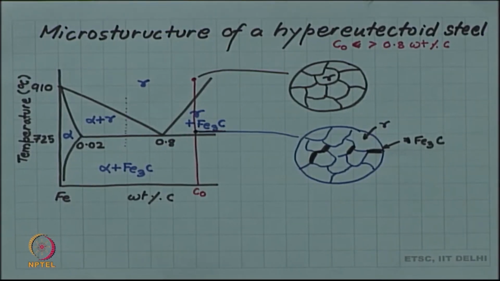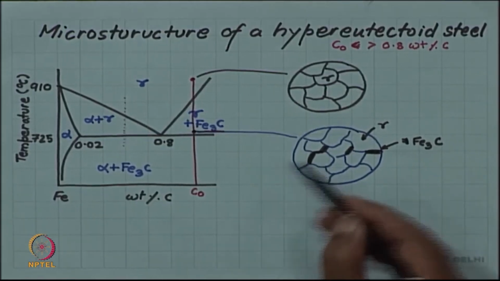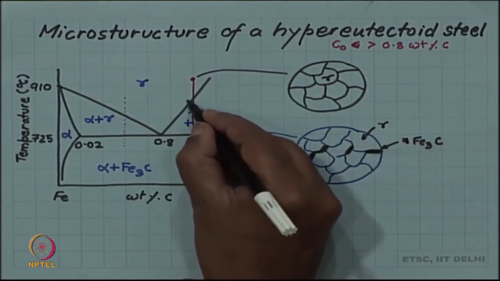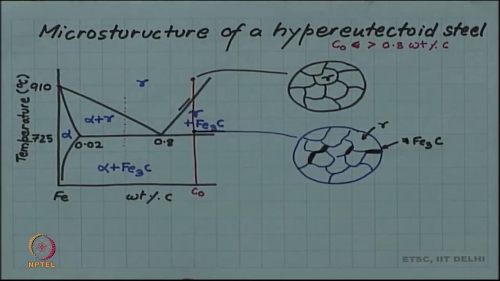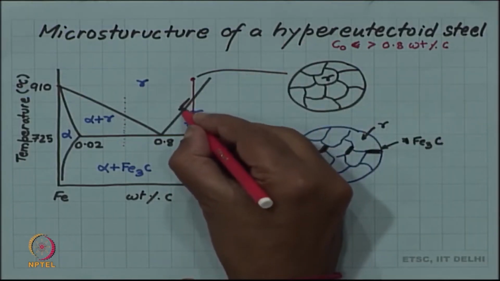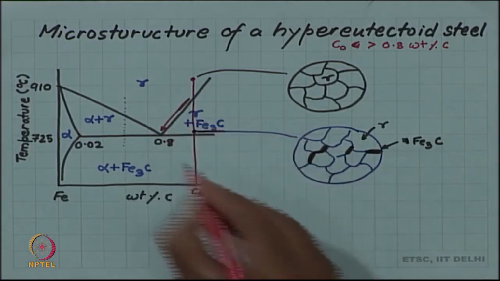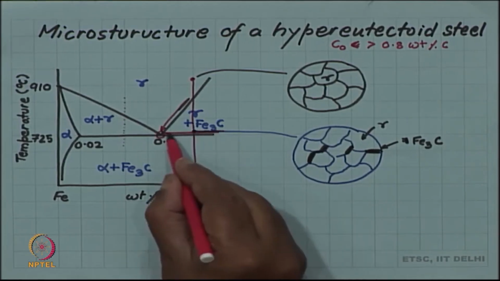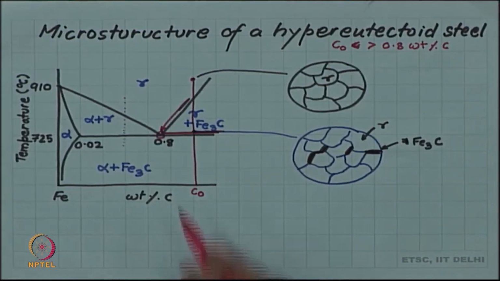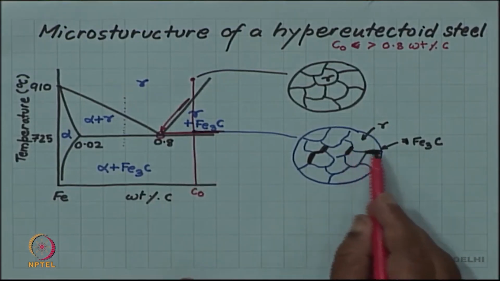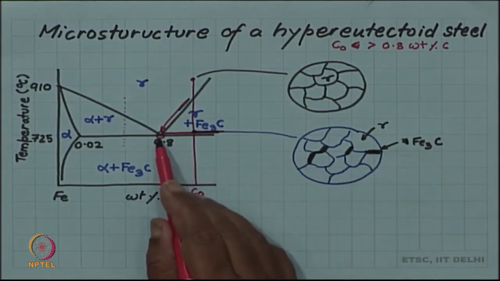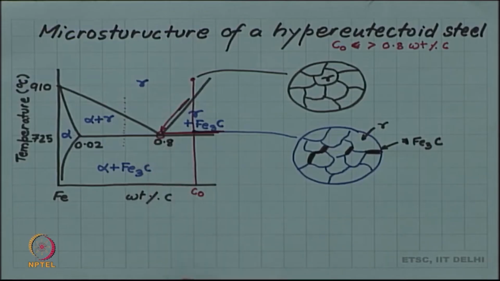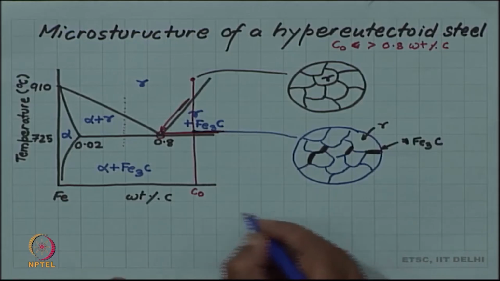Also, the austenite phase which is there, its composition will evolve towards this eutectoid composition. So, when we are reaching close to the eutectoid horizontal, the remaining gamma will be at the eutectoid composition and at eutectoid temperature. So, it will transform as you know now.